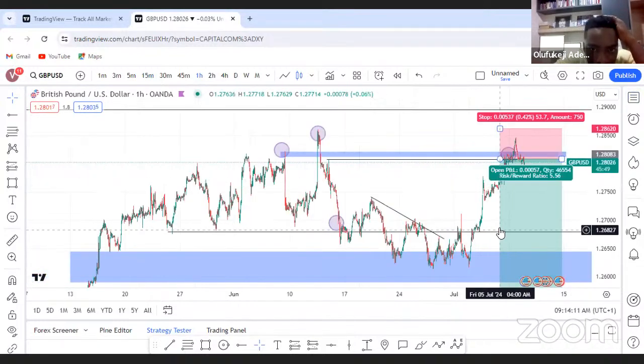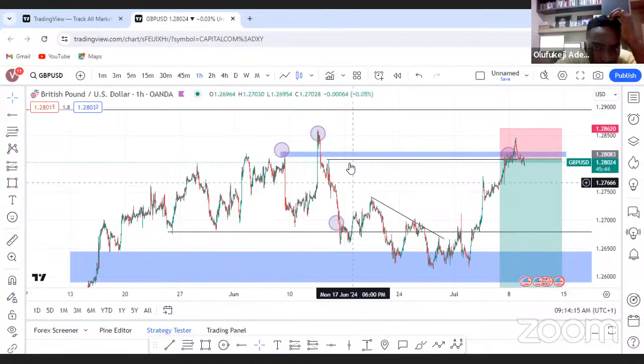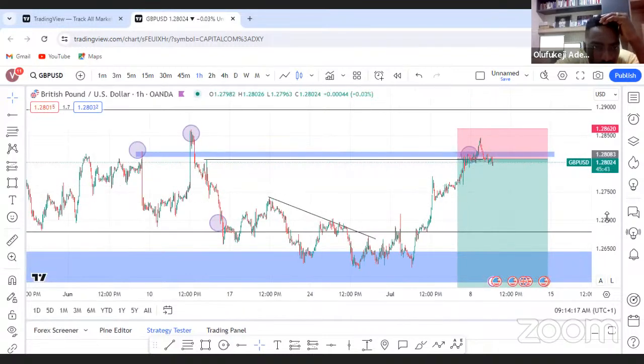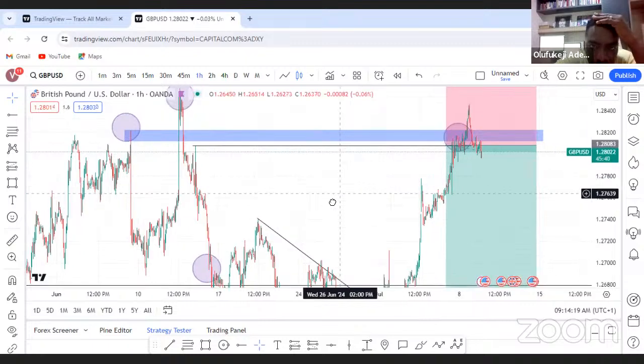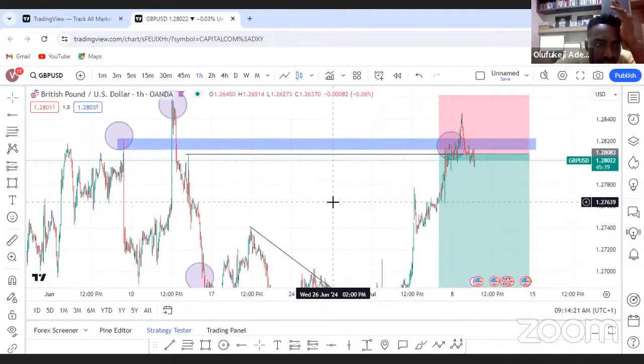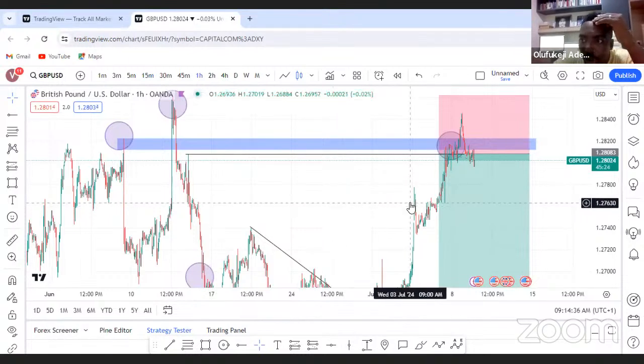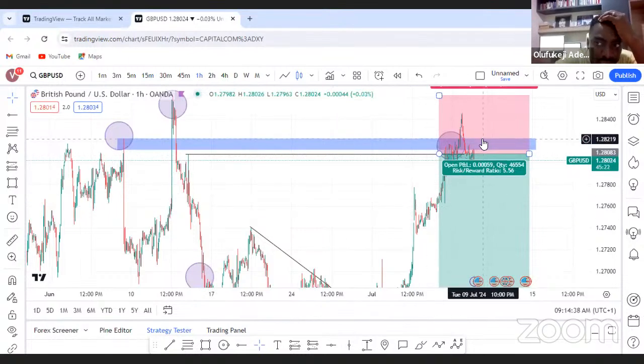Where did you mark? 1.2820. Exactly. That's where I'm selling from, that place that you marked. And that's because of the shoulder that was breached to the downside.